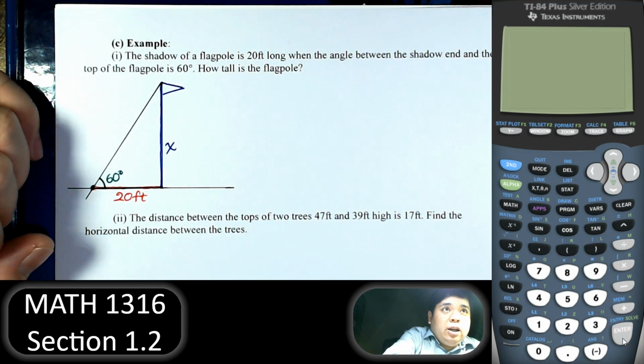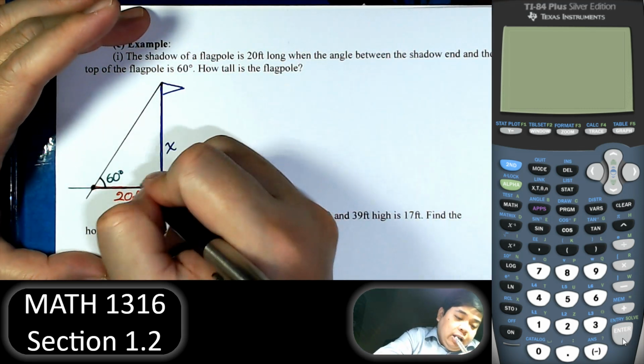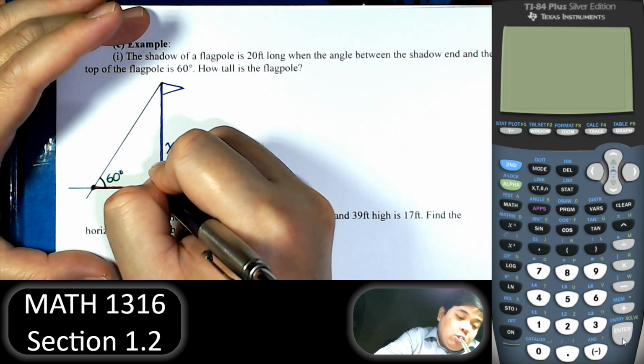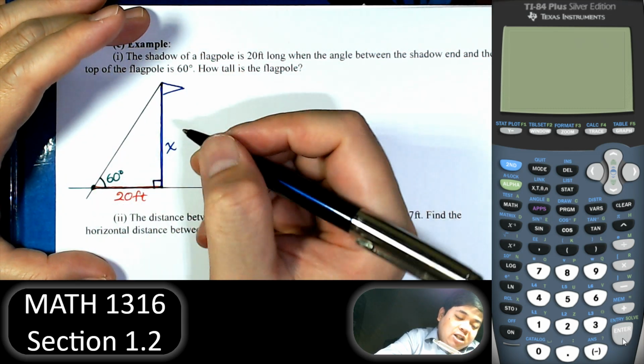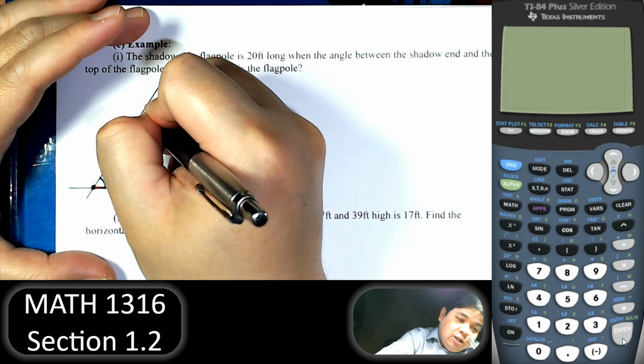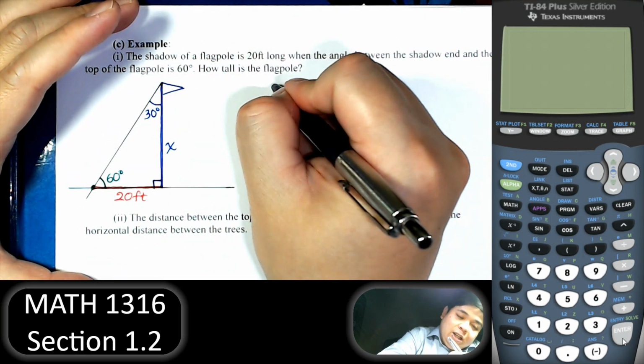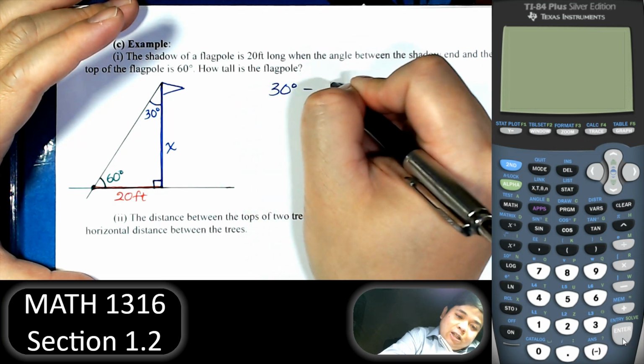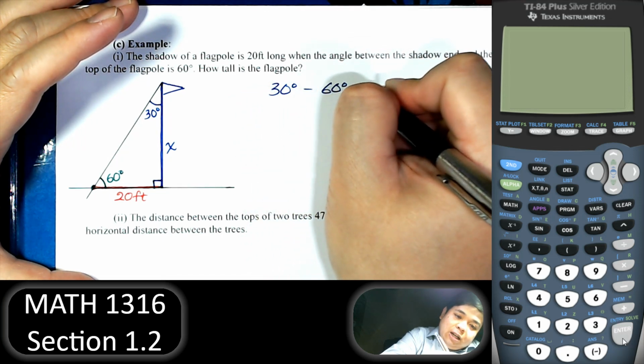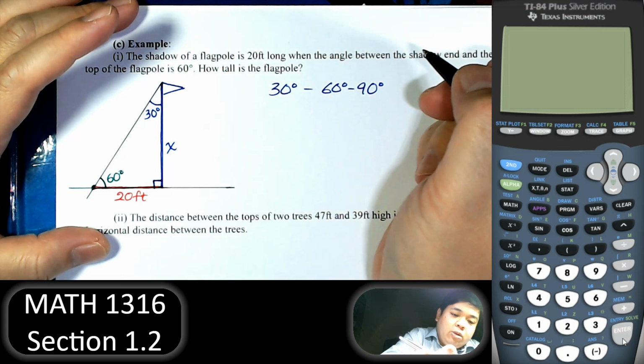By the way, because we assume that the flagpole is perfectly vertical, that is 90 degrees and that is 30 degrees. So we have 30, 60, and 90 degrees, a 30, 60, 90 degrees triangle.